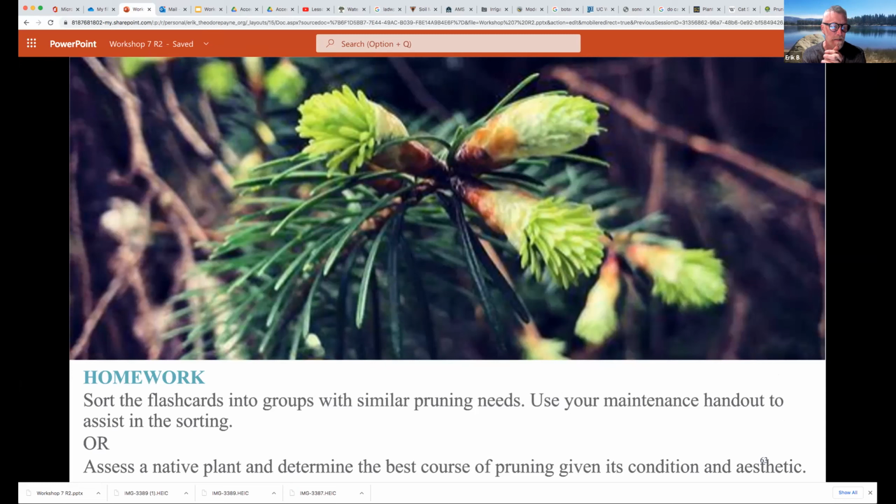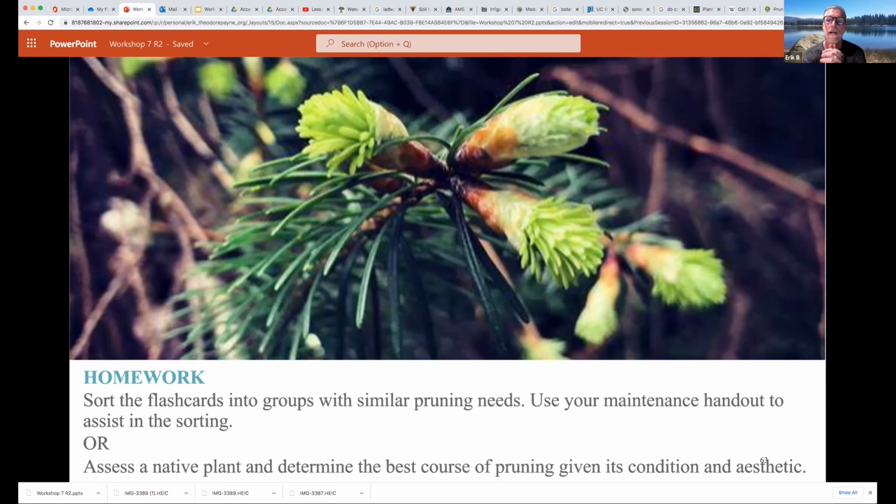Pick a plant. Sort the flashcards into groups with similar pruning needs. That's one thought. You can sort them in all kinds of ways. But I don't think the pruning needs are necessarily written on the flashcards, so you'd have to do a little research about the season.